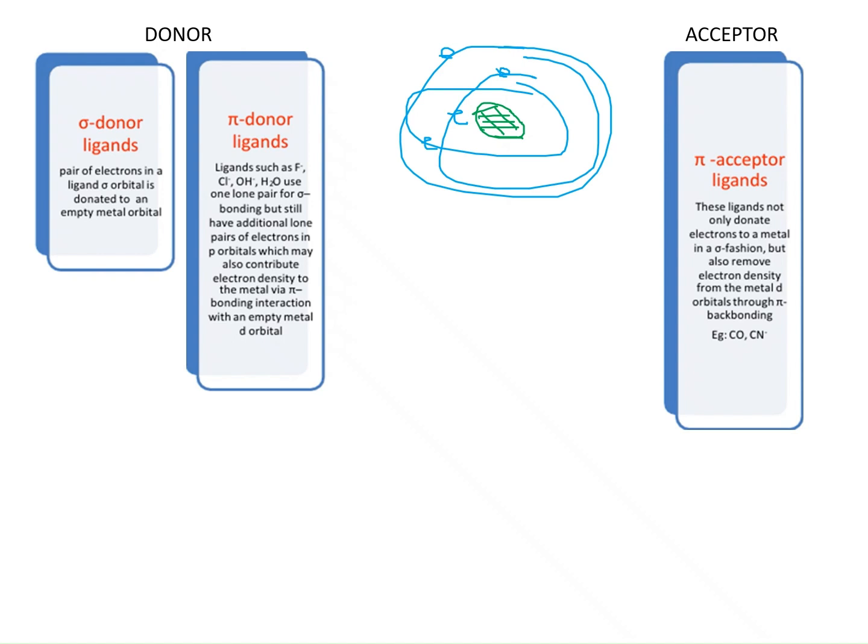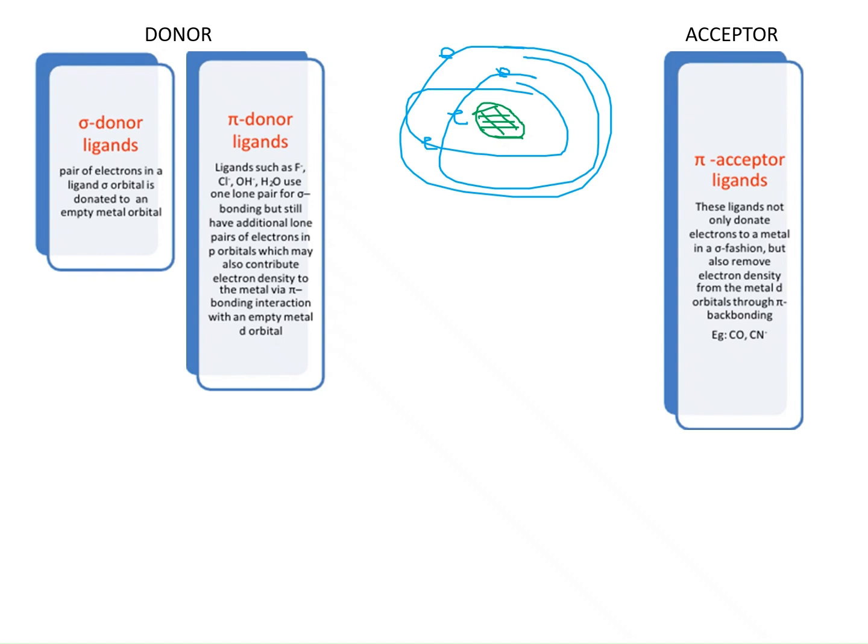So in this case, the ligand is donating electrons. So the ligand is an electron donor. Being an electron donor, there are two categories of electron donor, the sigma donor and the pi donor. So please remember, these ligands donate electrons, never the protons or neutrons, it's just electrons.